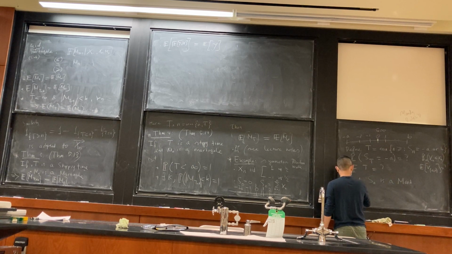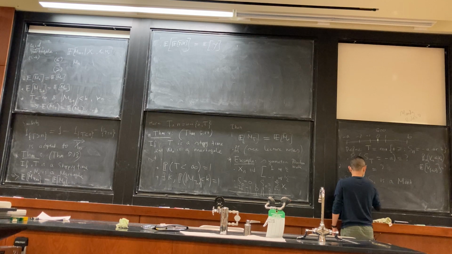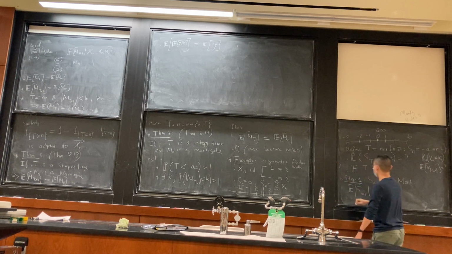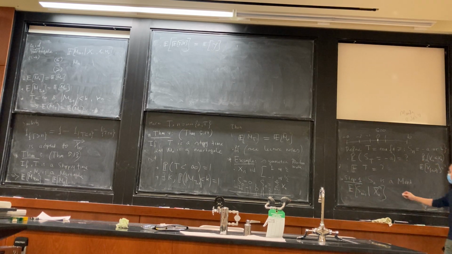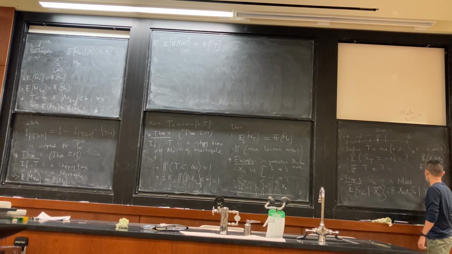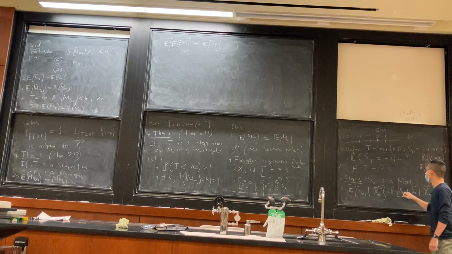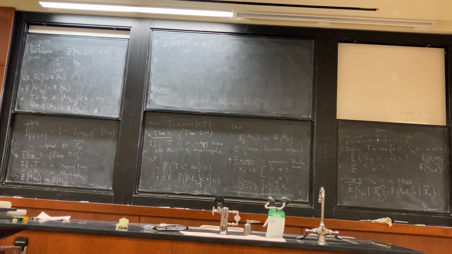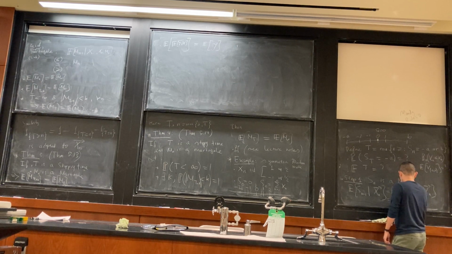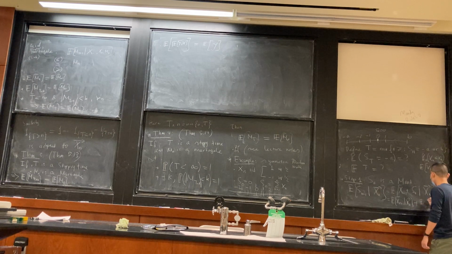So I just have to prove, okay, the expected value of S_{n+1} conditioned on the past. So this can be written as the expected value of X_{n+1} plus S_n conditioned on the past. And then by linear combination, I can split. So the expected value of X_{n+1} conditioned on the past plus the expected value of S_n.